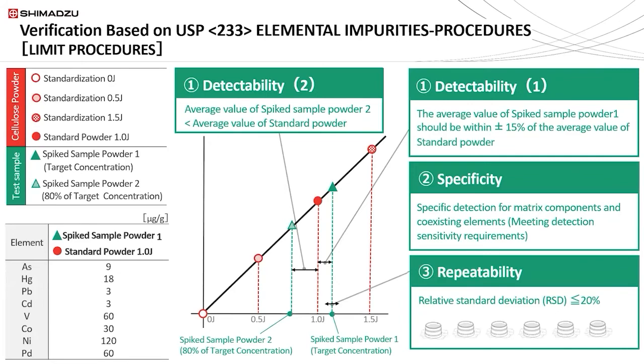Okay. So this comes from the limit procedures in USP 233. So what you have is a cellulose powder, and you're supposed to spike it with respect to a parameter called J, which is the specification concentration.